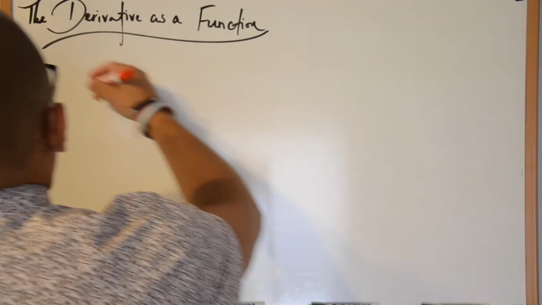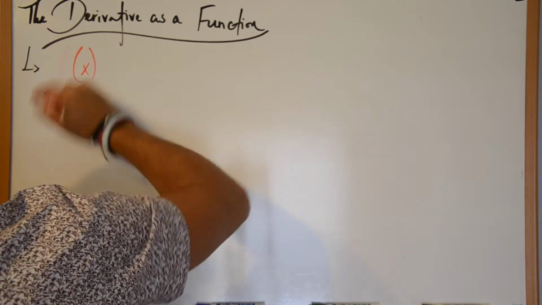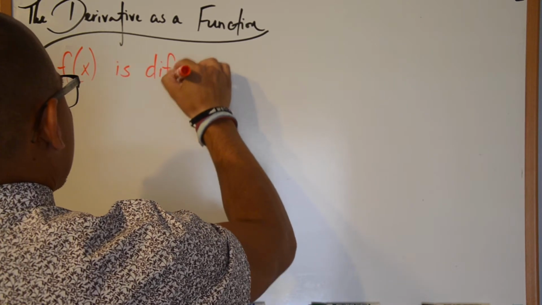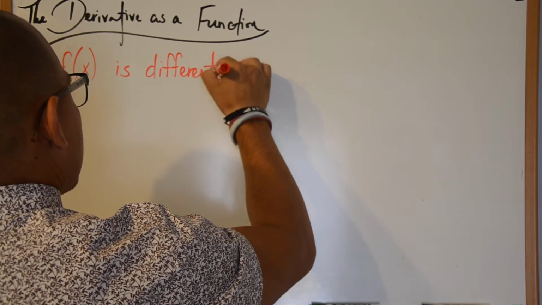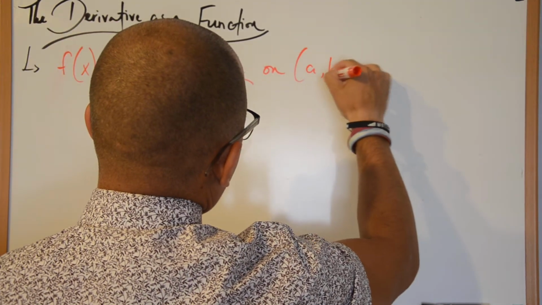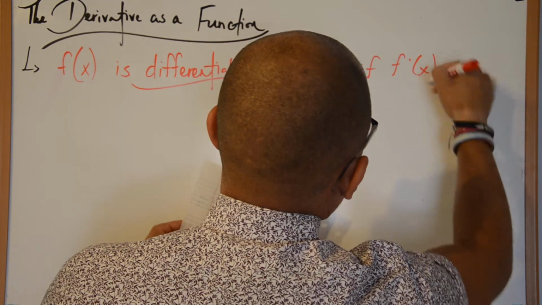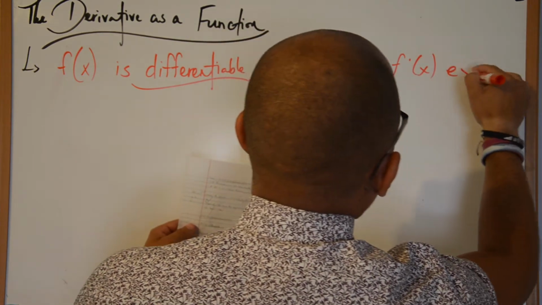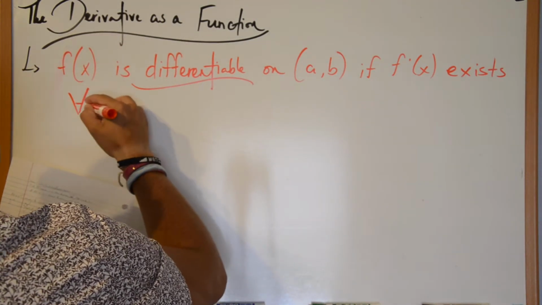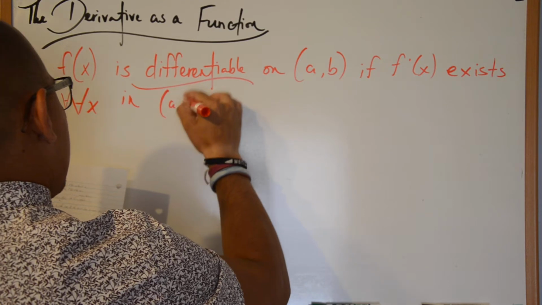So first, f of x is differentiable on some interval (a, b) if f prime of x exists for all x in (a, b).